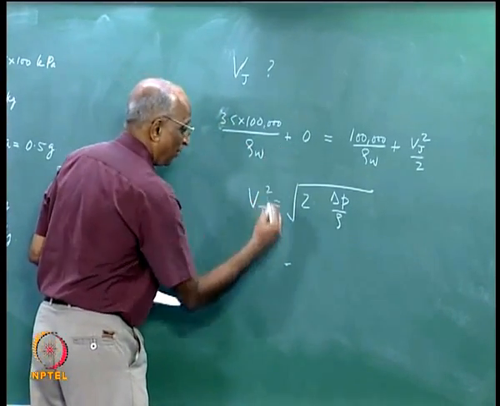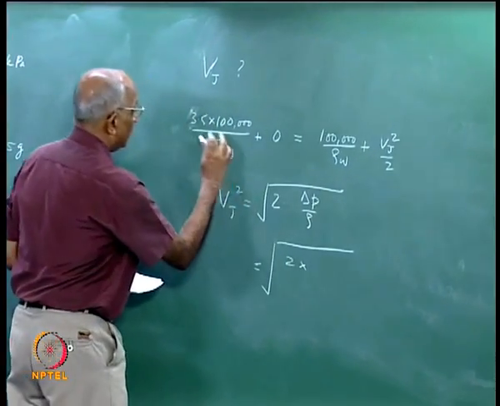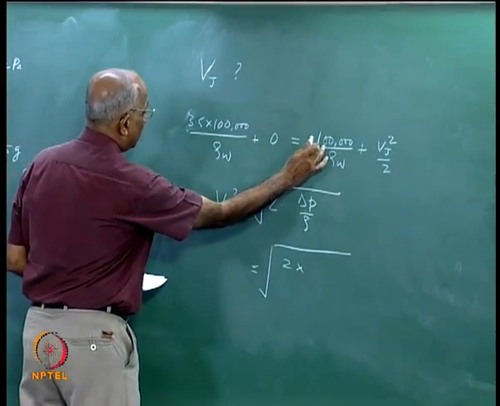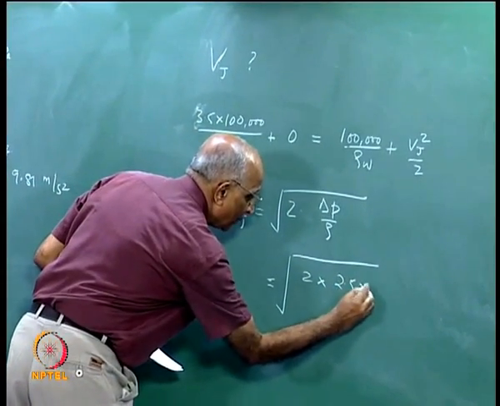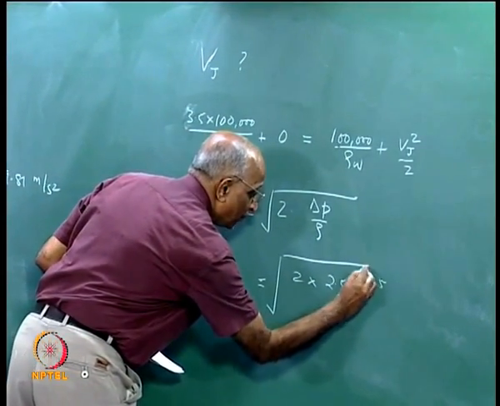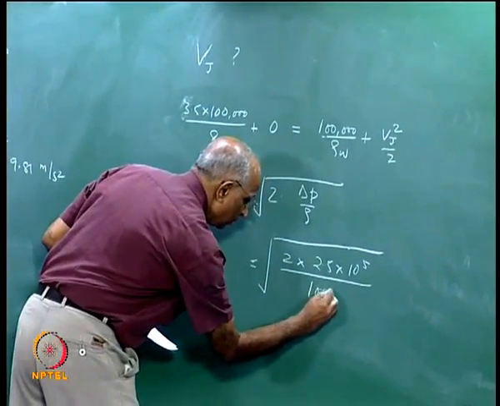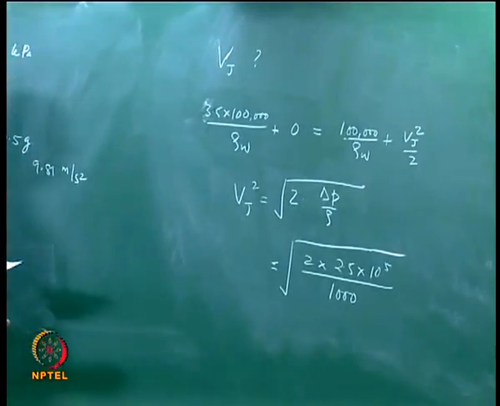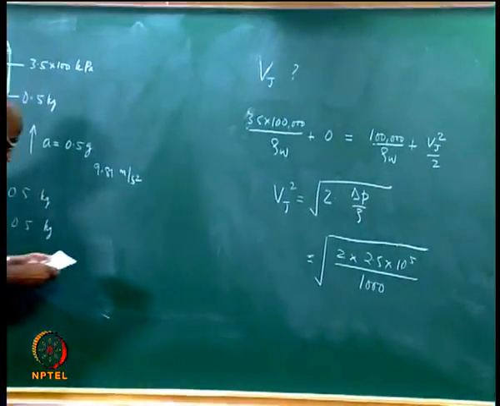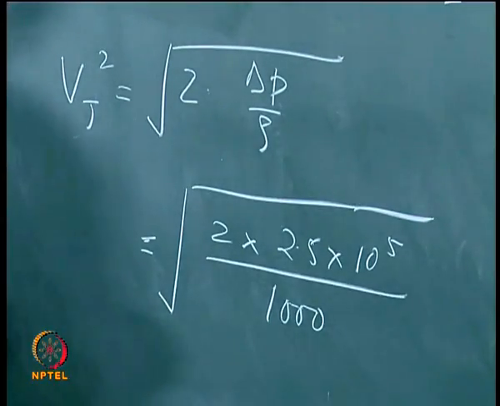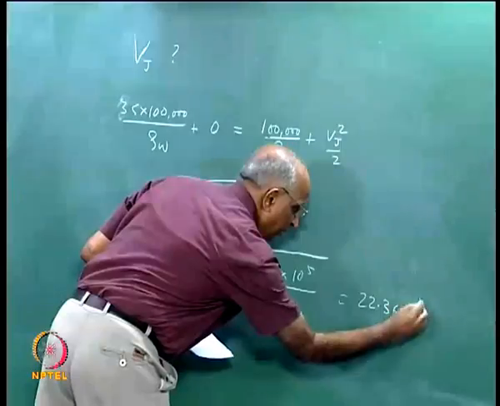So Vj is equal to the square root of 2 into (3.5 minus 1), that is 2.5, into 10 to the power 5, divided by density of water, 1000 kilogram per meter cube. Is it all right? Then what is the value coming out to be? If you calculate, you will get it to be equal to 22.36 meters per second.